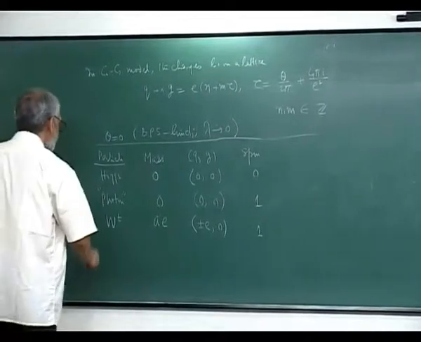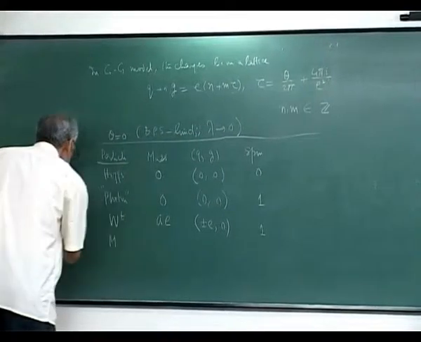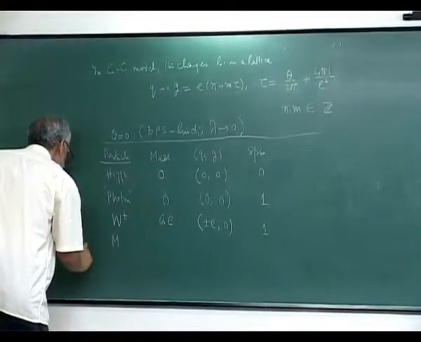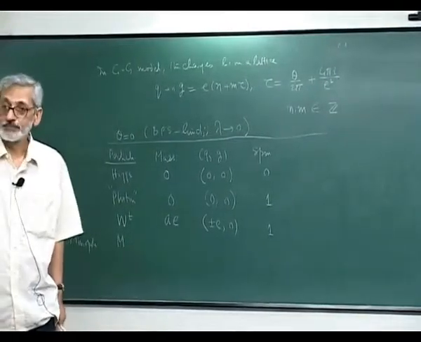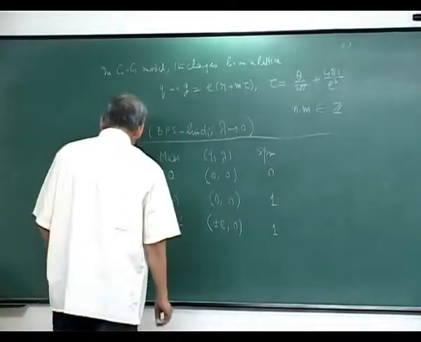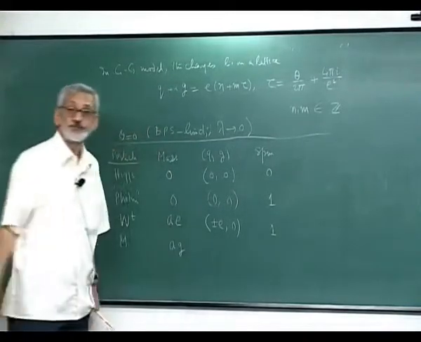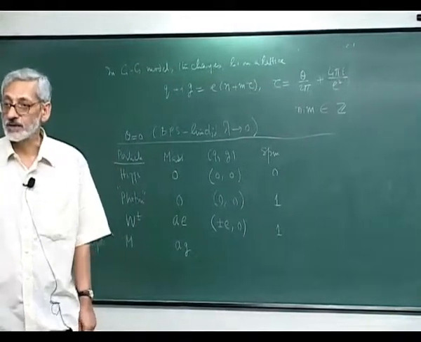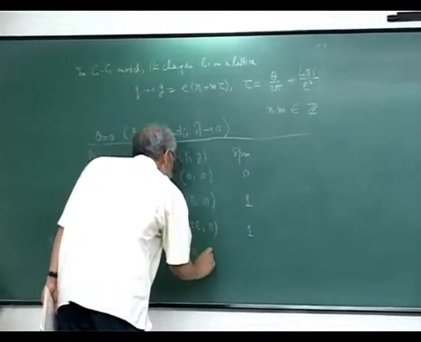Then we had the magnetic monopole. The mass was a times g, where g is the magnetic charge, and this assignment is 0 and g.